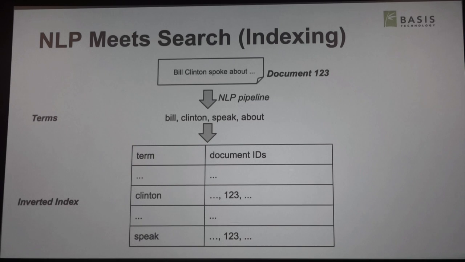You tie it to a field type, and you often use the same exact pipeline at query time and index time. So in this case, we'll produce "bill clinton speak about." You can see that there are a few things happening here. There are some simple things like lowercasing, and then some more complicated things like how does "spoke" become "speak?" So that's one piece of the NLP pipeline.